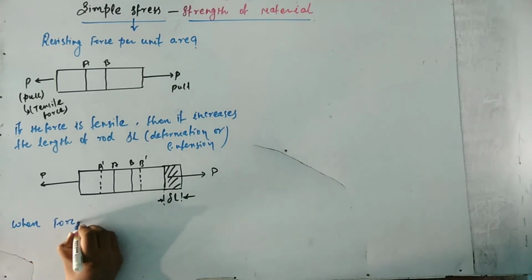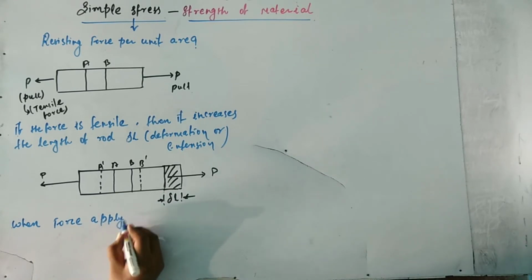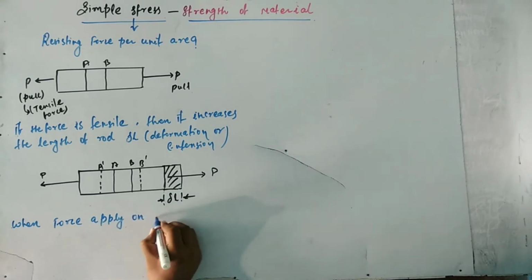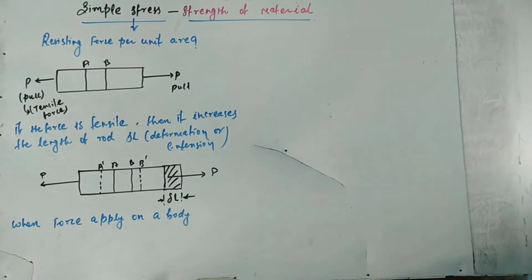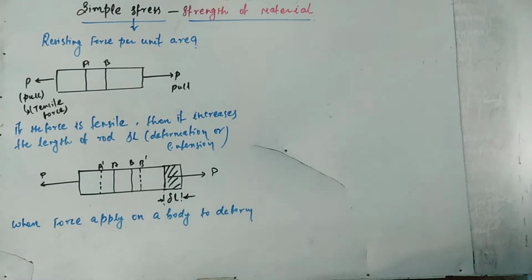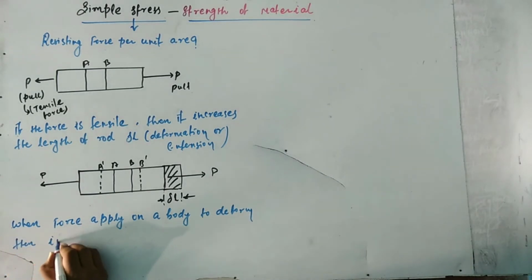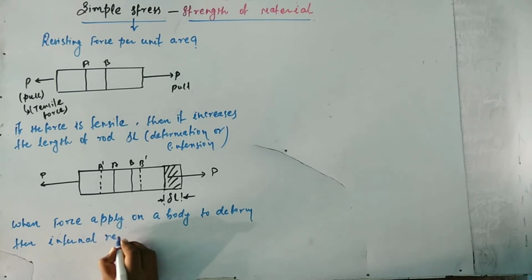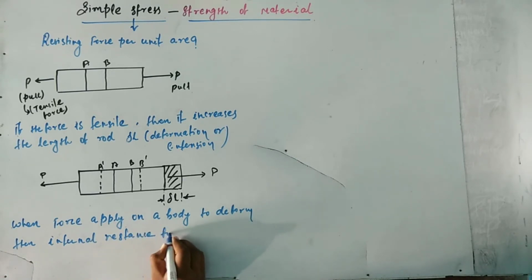So when force is applied on the body, or rod, to deform it, then an internal resistance force is created in the body to oppose the deformation of the body.